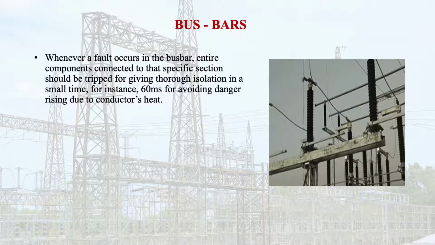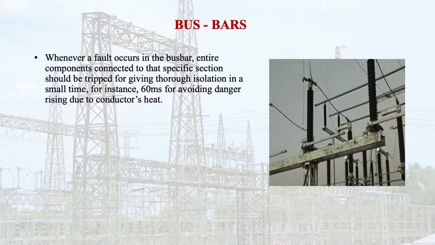Whenever a fault occurs in the bus bar, all components connected to the specific section should be tripped, giving thorough isolation in a small time, because we would like to remove the fault.